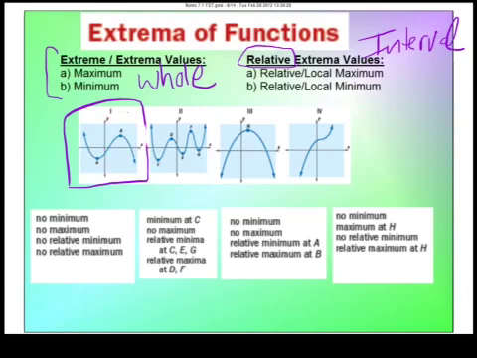This goes on to positive infinity and down to negative infinity, which means it does not have a complete maximum, nor does it have a complete minimum. But it does have relative mins and relative maxes. Graph number 1 here, again, this right here is stated as the relative maximum, and this one right here is stated as the relative minimum.